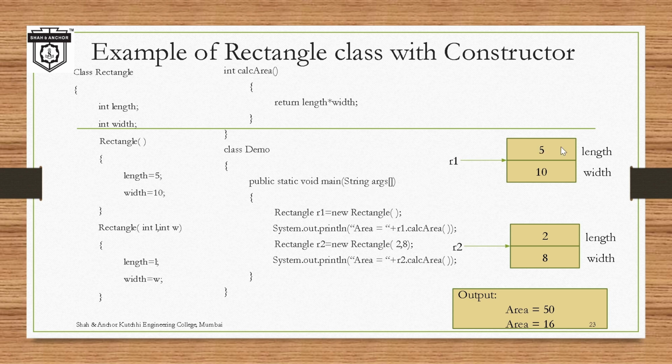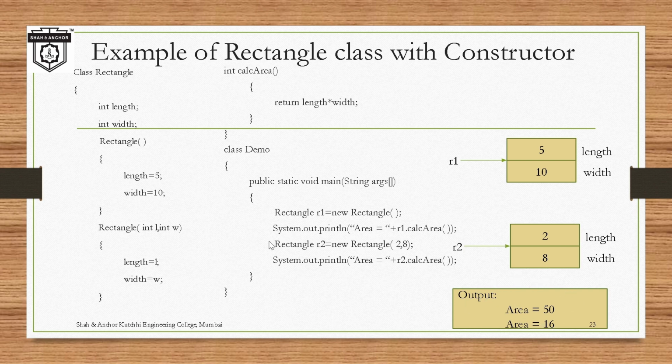We call R1 dot calculateArea, the method of this Rectangle class, which calculates the area as length into width and returns that area, which we print using System.out.println. In the output, area equal to 50 will get printed.